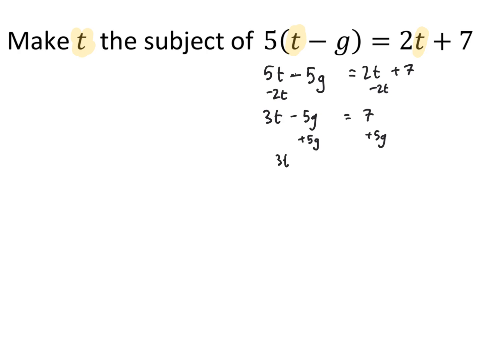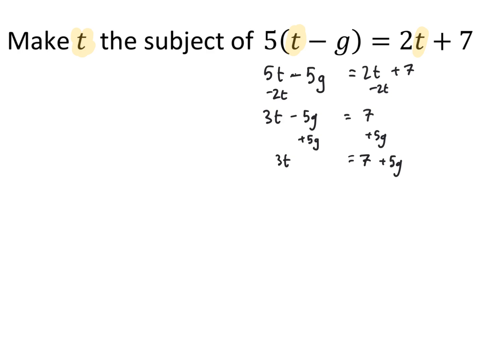So that'll leave me with 3t is 7 plus 5g. Again, these can't be grouped together here because they're unlike. I have got 7 and then I have got 5g's.